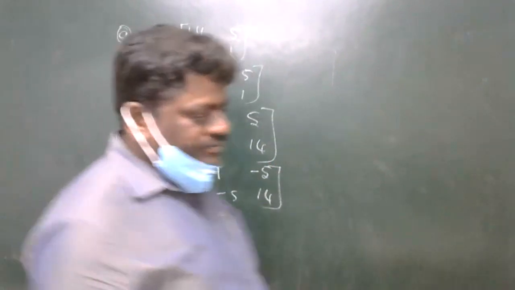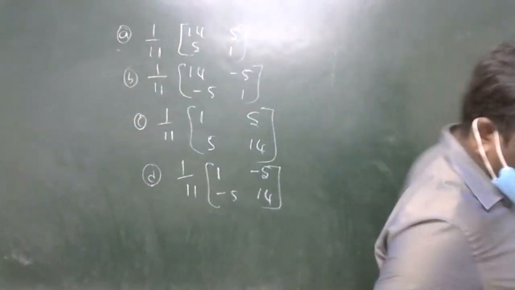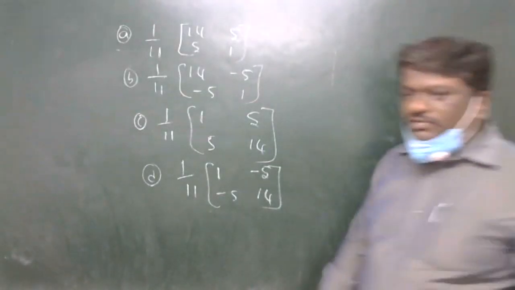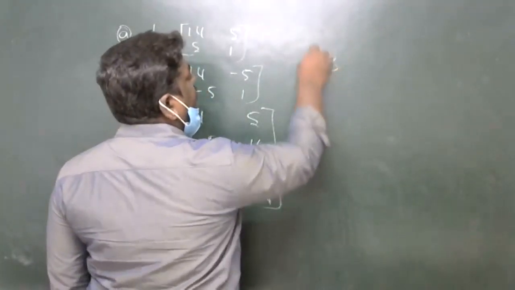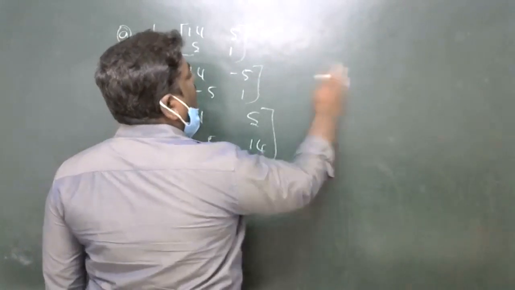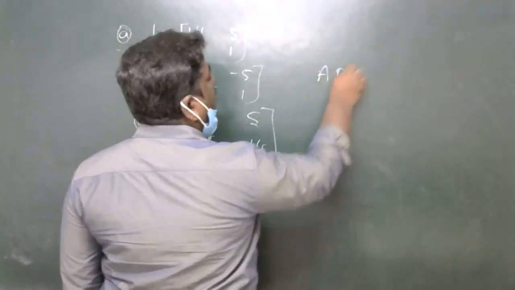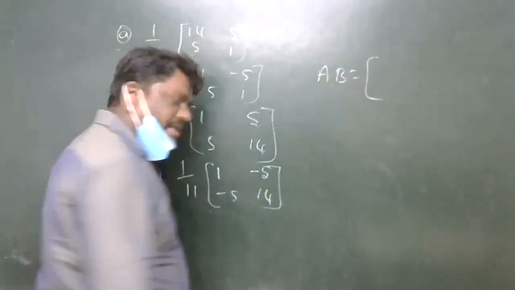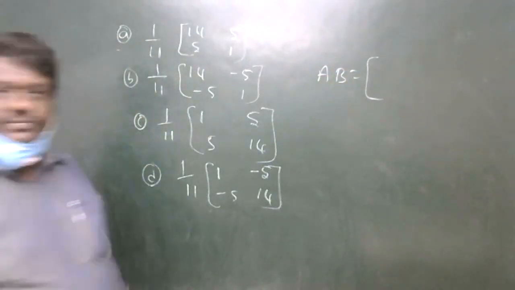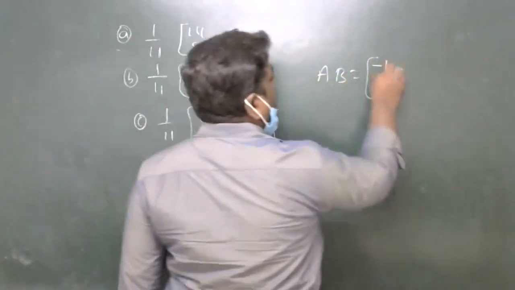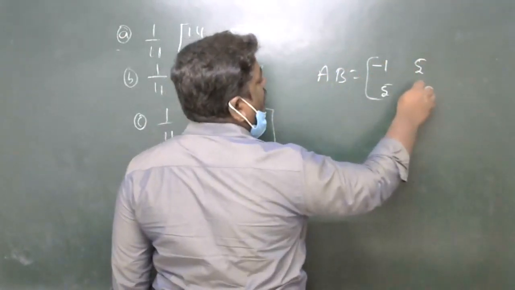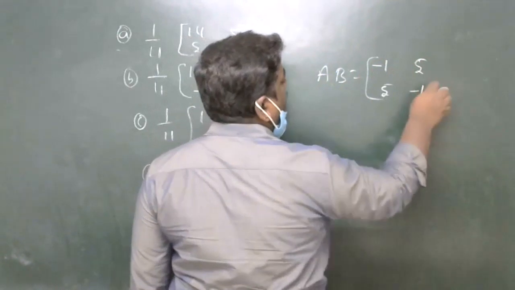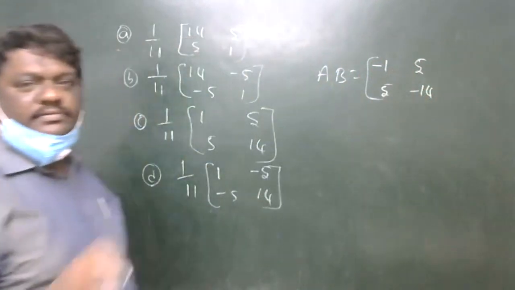Okay. We found AB. AB is equal to what? AB what we got? A into B. 11, sir. Minus 11. No, AB matrix you tell. Minus 1, 5, 5, 14. 14 minus 40.